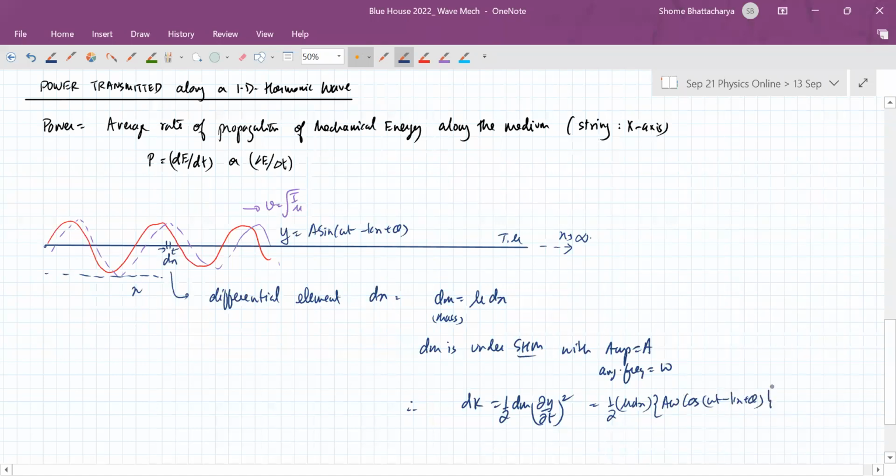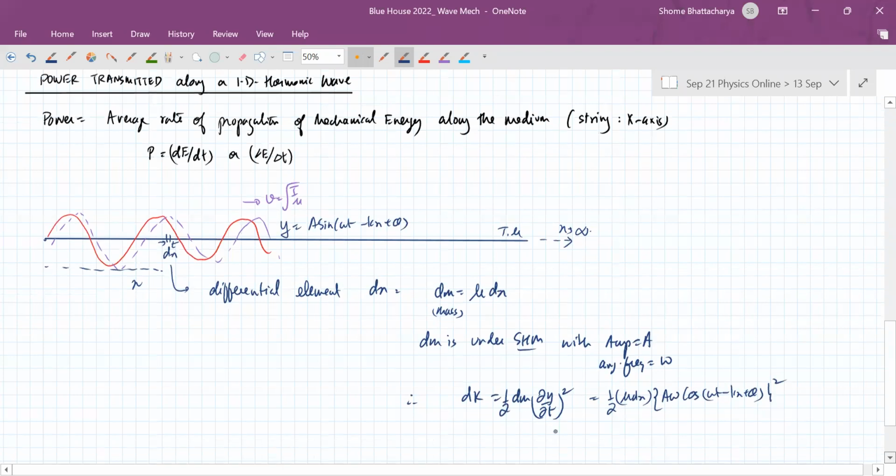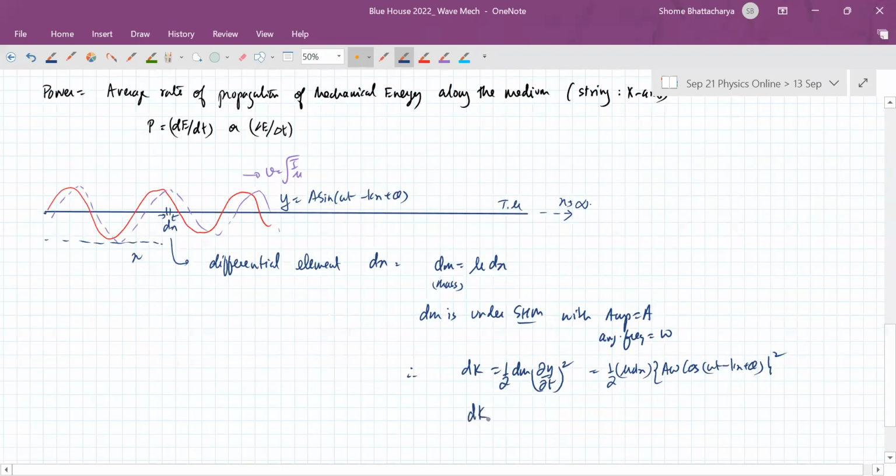So you can see one thing, that the maximum kinetic energy that the particle will have is when it is at the mean position, that will be when that cos omega t minus kx term becomes either plus or minus 1. So the maximum kinetic energy of such a particle will be this, because del y by del t's maximum is of magnitude A omega.